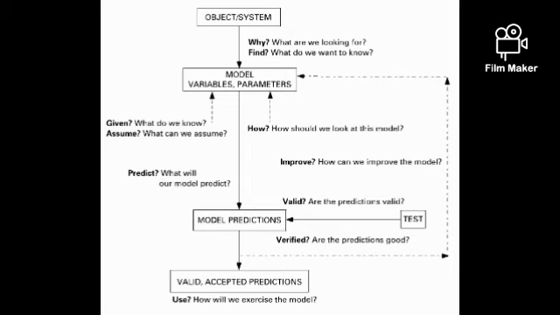And the next is find. To answer this question, you must answer what do you want to know. And in order to answer that question, what do you want to know, you must list the data you are seeking.